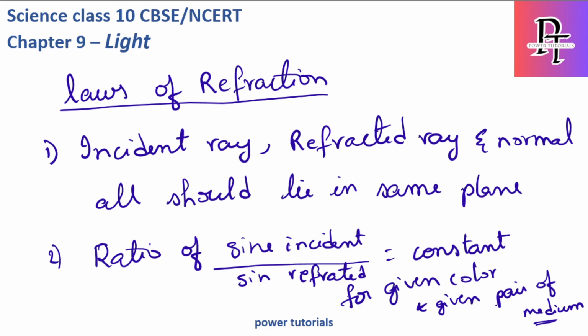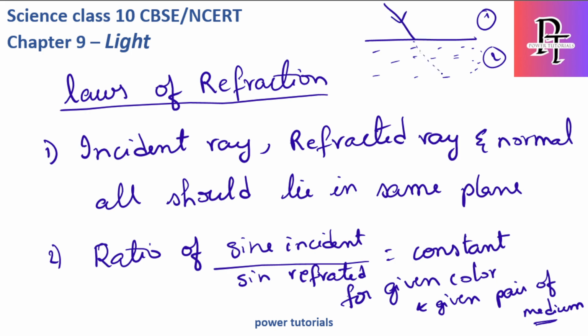So for a given pair of medium and a given color, the sine of incidence to the sine of refraction will always be constant. Suppose we have air, and suppose this is water, medium 1 and medium 2. Suppose we have an incident ray like this, then we have a refraction.